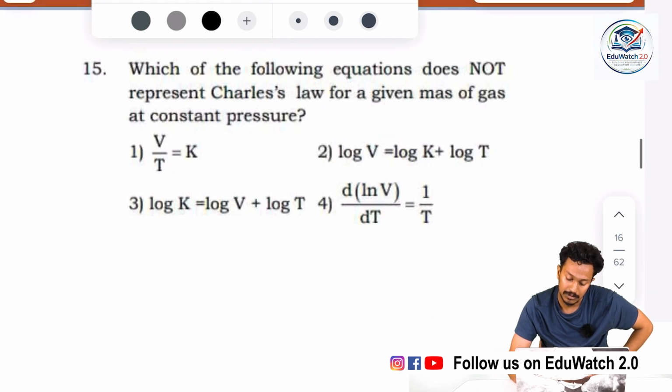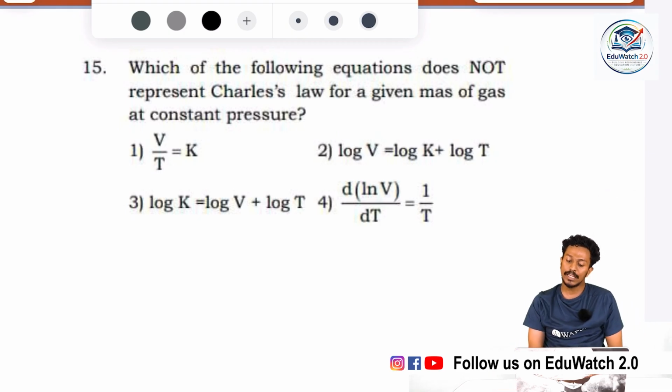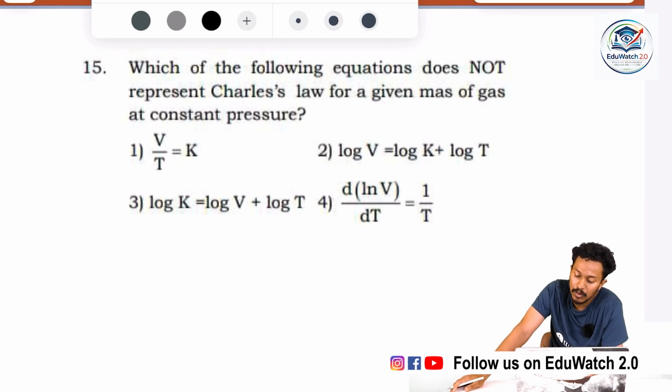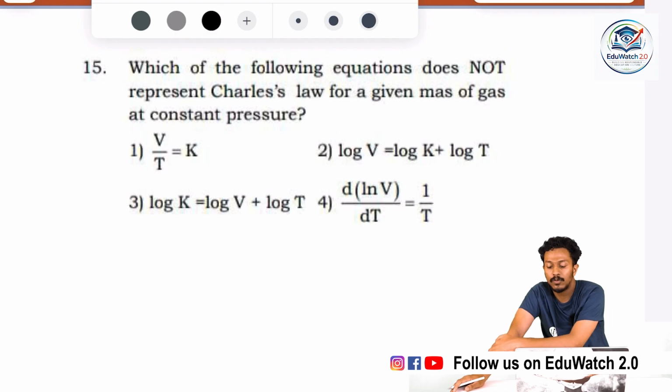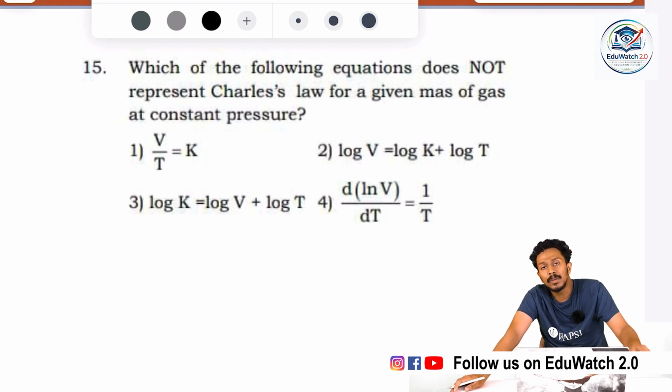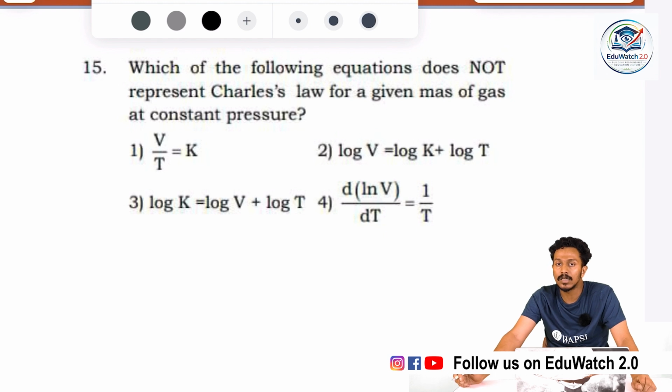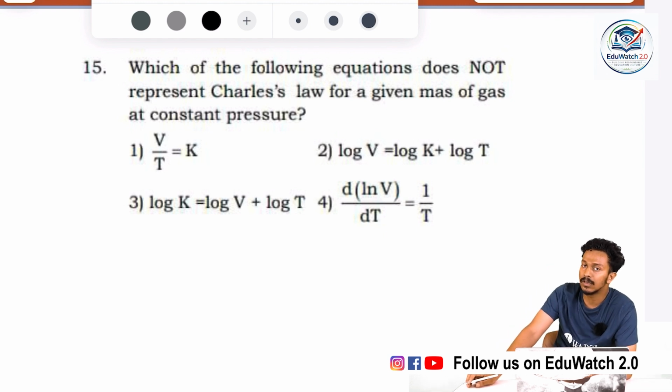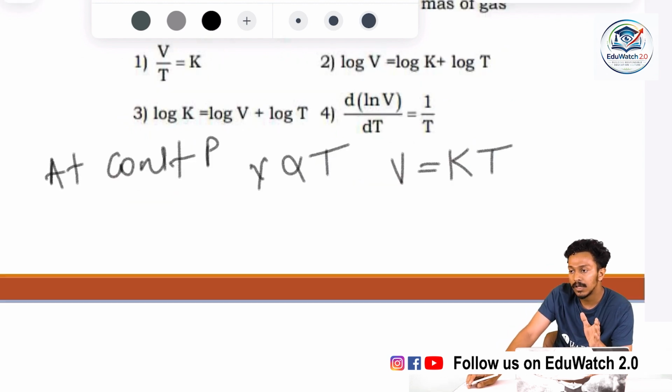Moving on to the next question, which of the following equations does not represent Charles' law for a given mass of gas at a constant pressure? What do you mean by Charles' law? How could we explain Charles' law? At a constant pressure, a given gas has a volume which is directly proportional to the temperature.